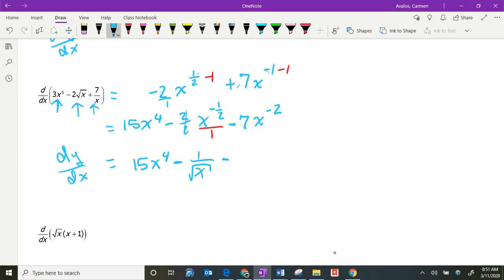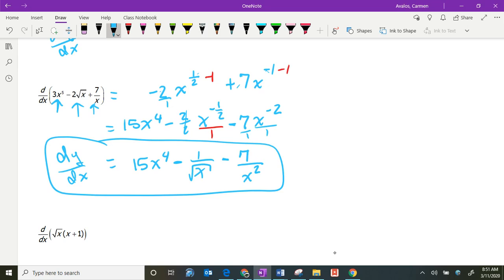And then it's going to be minus, and then this one here is over 1. So we want to bring that down. This one stays in the numerator, and it becomes x squared. And so that is your answer. So there you go. That is your derivative.